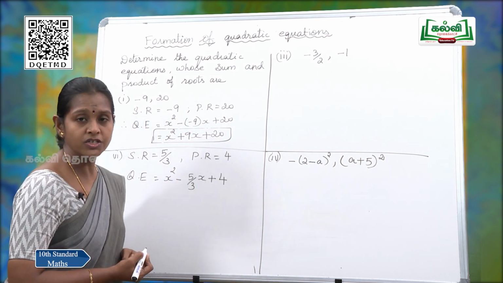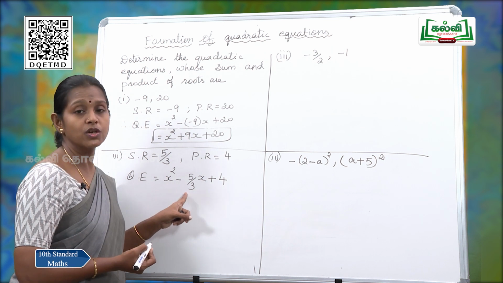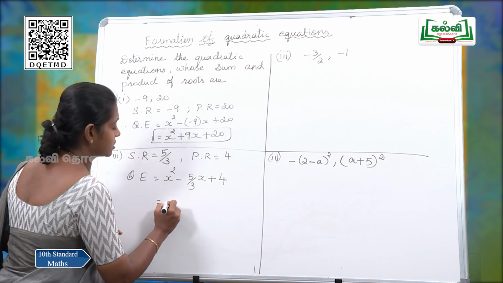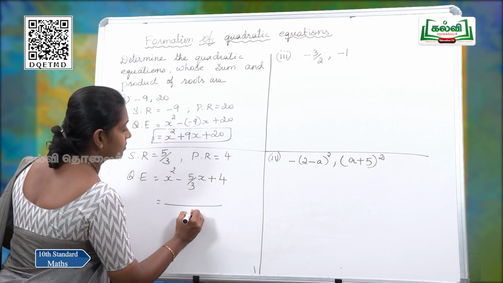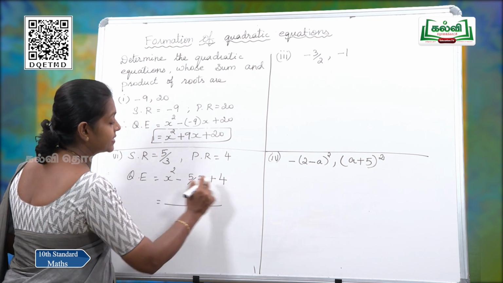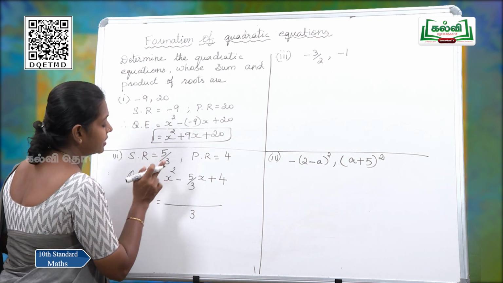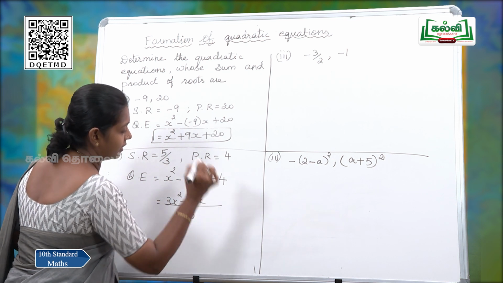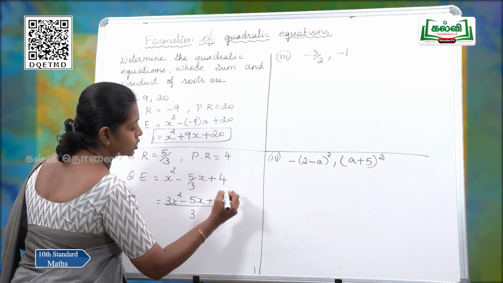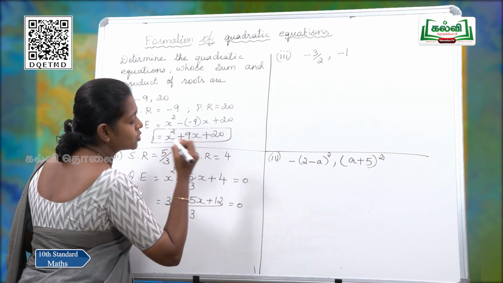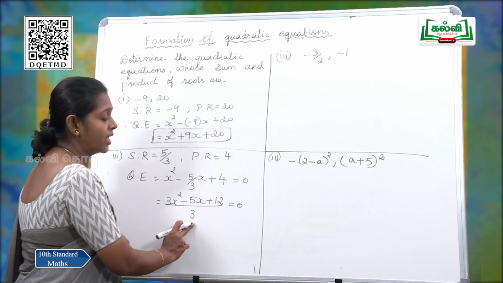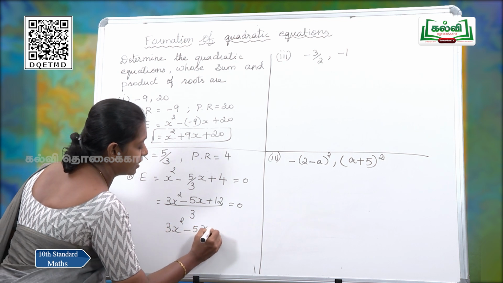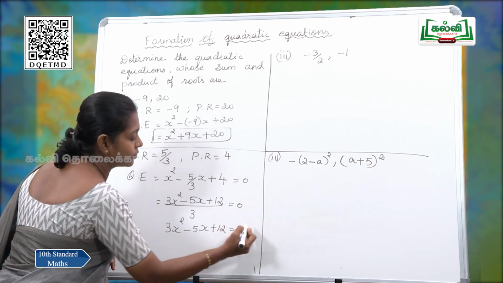Is this the quadratic equation? See, the coefficient of x is in the form of a fraction, so we have to change it. Take the LCM, you will get 3. Multiply 3 with this, you will get 3x squared minus 5x plus 4 equals 0. Taking the 3 to that side, it is 3x squared minus 5x plus 4 equal to 0, since you know very well 0 times 3 is 0.